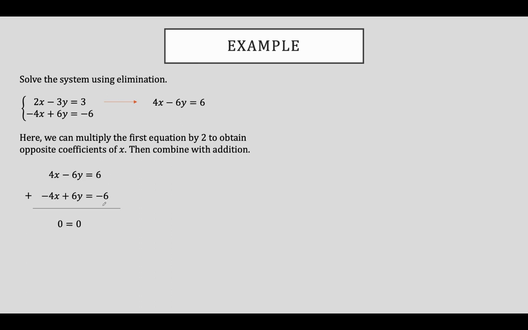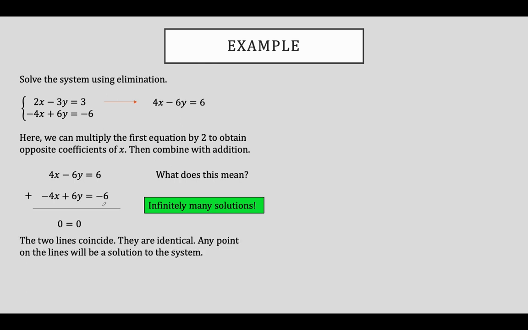We get 0 equals 0. So this is a little bit interesting here. What does this mean? This actually tells us that we have infinitely many solutions. Okay? The two lines in this particular case coincide. They are identical. Any point on the lines will be a solution to the system.